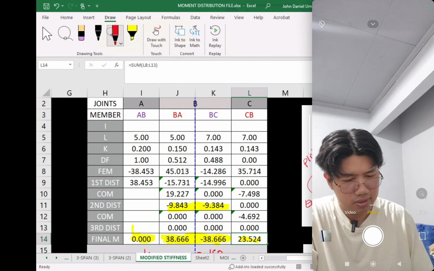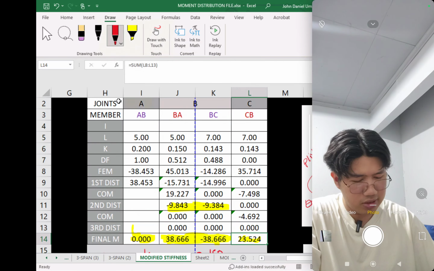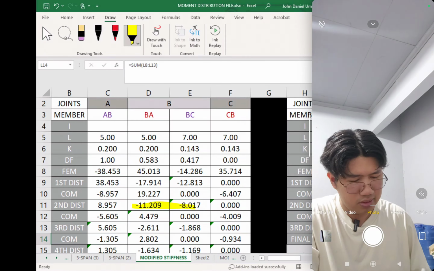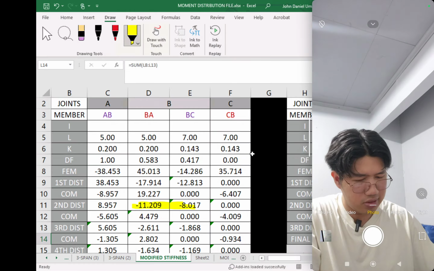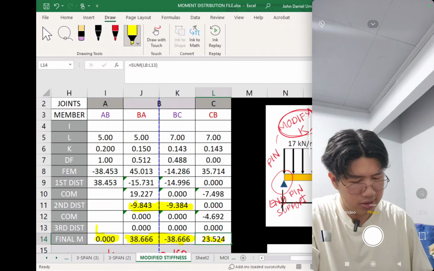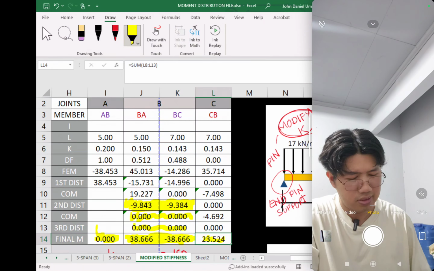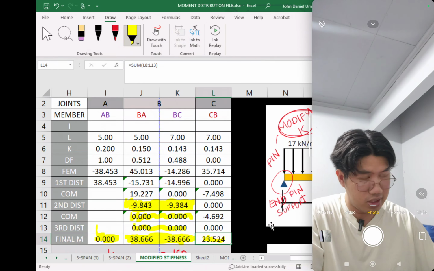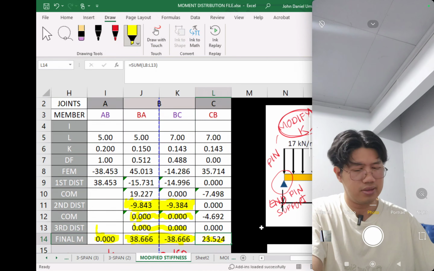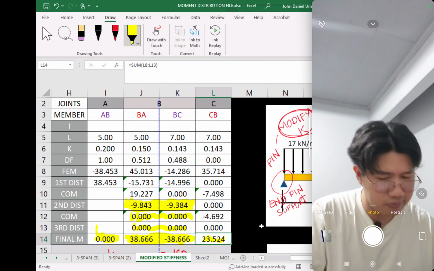Check mo yung sa second distribution ng original. Hindi pa sila balance. Pagdating dito sa modified stiffness, mas mabilis siyang malapit mag-balance. Kaya pagdating dito sa carry over, 0, 0, 0 na siya. Ibig sabihin it converges na to a good estimate or a good answer na. Okay? So, that is for our modified stiffness.